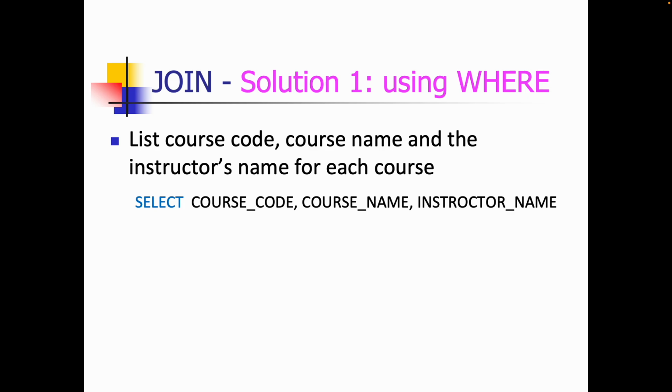Let's say we have only instructor ID, but not instructor name. In that case, we need to use join, right? Because now we need the course table and the instructor table. So you already know what you have to write in the select part. We said select is used only to specify which columns you want to get, right?